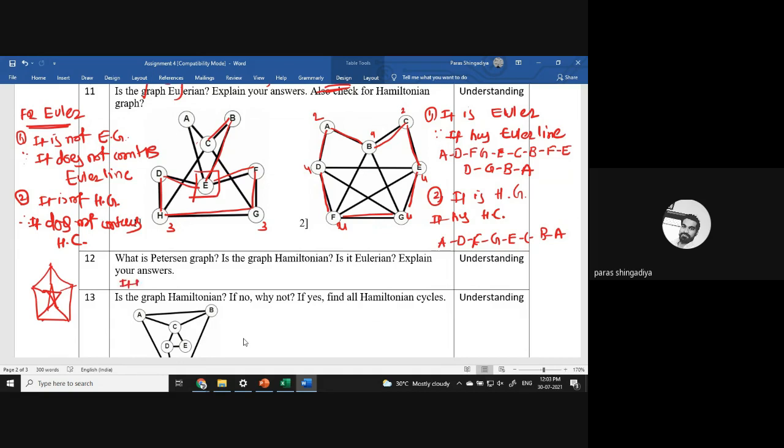It is not an Euler graph because it does not contain an Euler line. And similarly, it is not a Hamiltonian graph because it does not contain a Hamiltonian circuit.